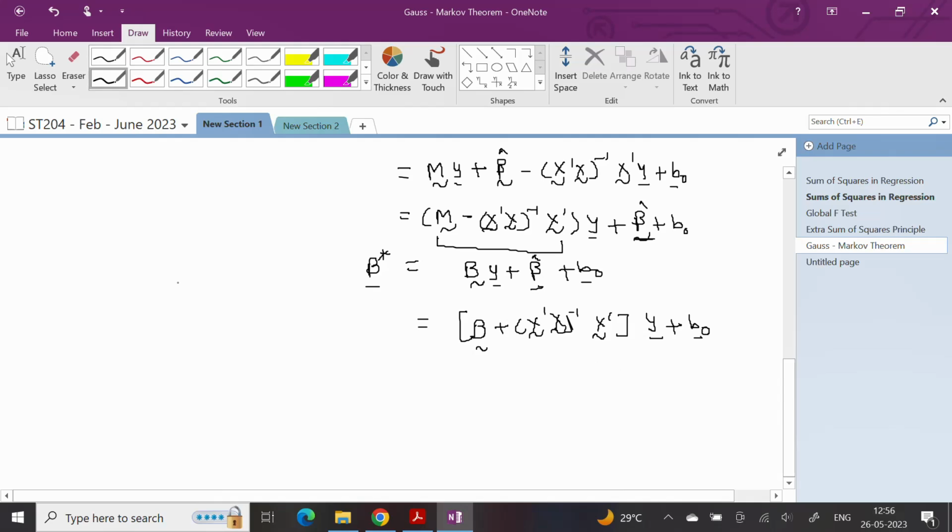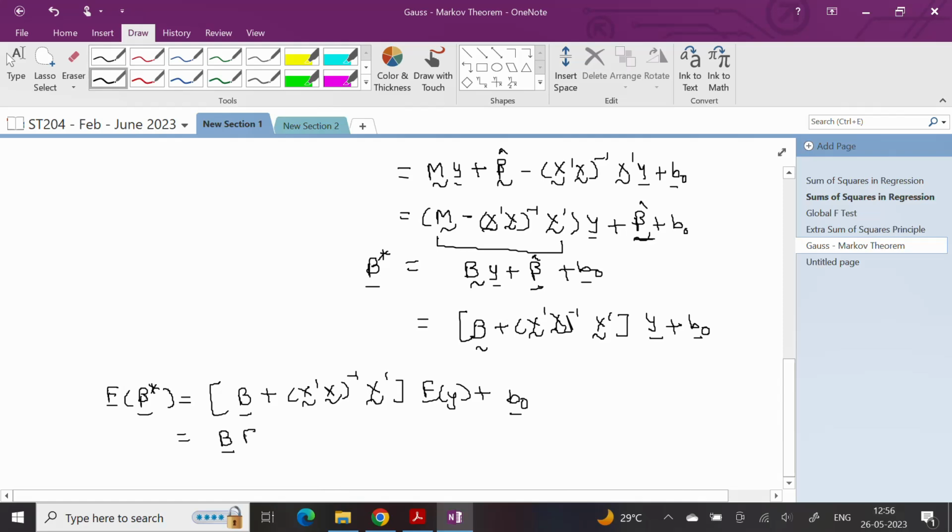Now, first let us consider expectation, because we have to worry about only the class of unbiased estimates. Okay. So expectation of beta star will be this matrix. B matrix is anyway a matrix of constant. So B matrix into expectation of y. Okay. So let me write this as B plus x prime x whole inverse x prime expectation of y plus b naught, because b naught is anyway a constant.